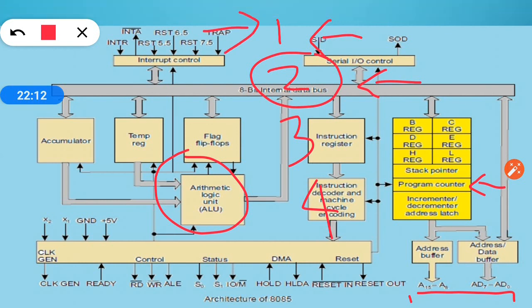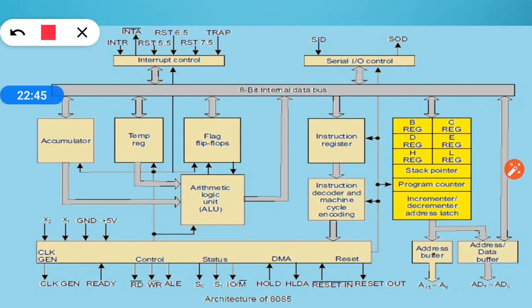So the program counter holds that 16-bit address of the memory location in which your next instruction is stored, so that your execution will be smooth and fast. That means if your second instruction is executing, the program counter has the address of the memory location in which the third instruction is stored, right? So the role of the program counter is that it holds the address of the next instruction while we are processing our current instruction.